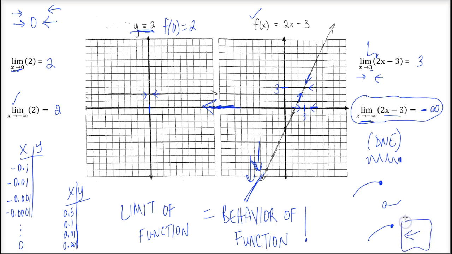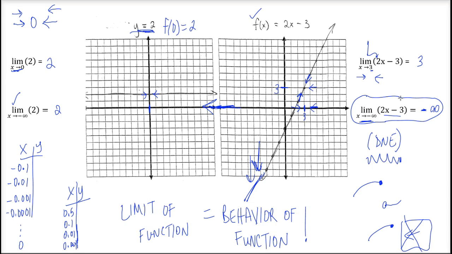There's nothing there. So when we study the behavior of a function at a particular x value from both the left and the right, we can't give an answer because we have no behavior happening from the right side, okay? And so we'll see some examples of that as we go through this particular video.